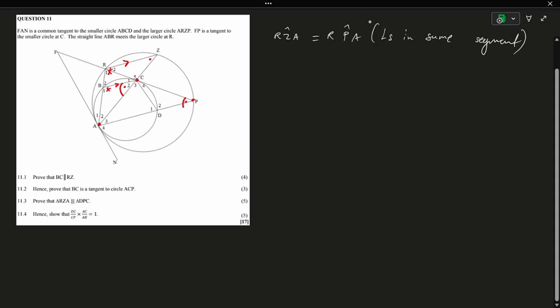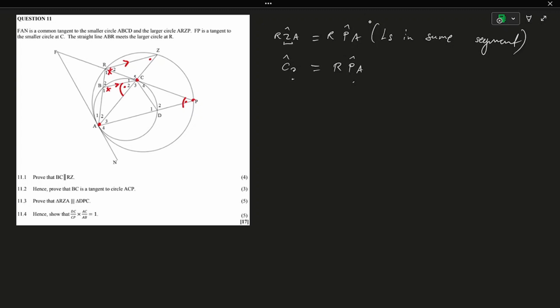So if RZA is equal to RPA, this also means that C2 must be equal to RPA because C2 is equal to RZA. We proved that in the last question. So if C2 is equal to RPA, then we did prove that BC is actually a tangent to circle ACP.